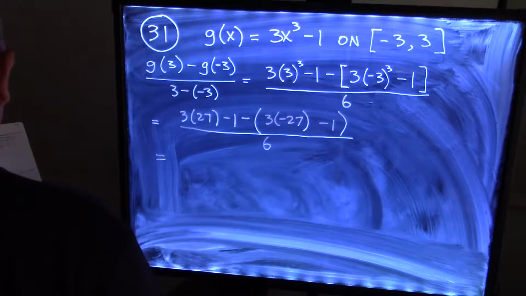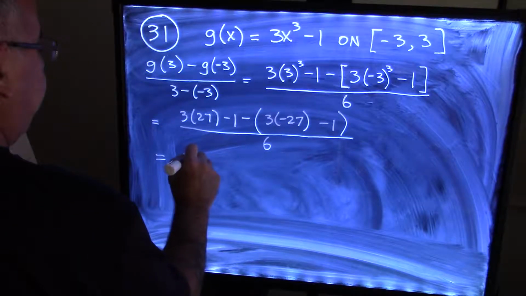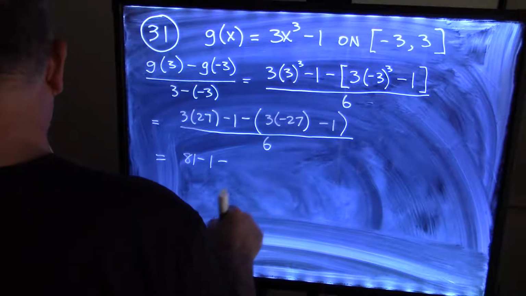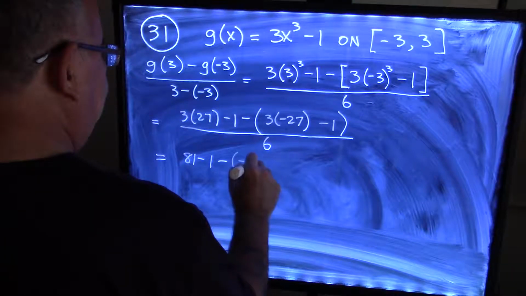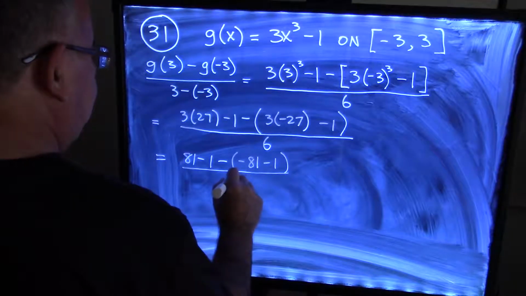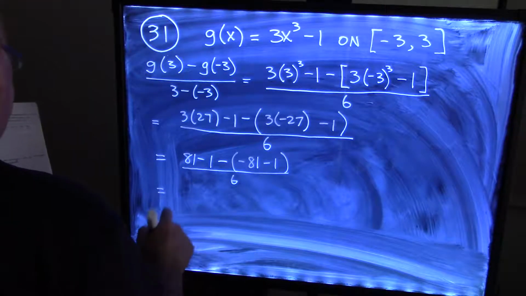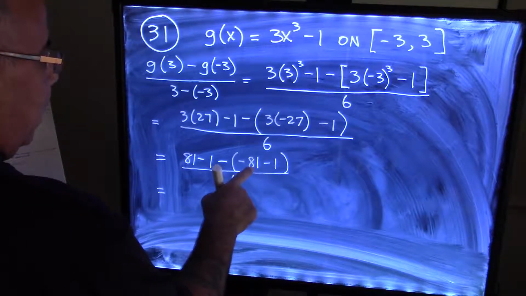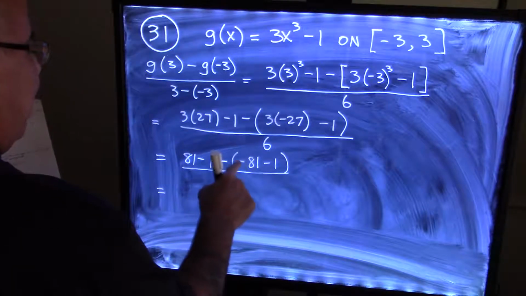Okay, 3 times 27 is 81. And then this is negative 81 minus 1 inside the parentheses. Negative 81 minus 1 over 6. And so we've got 81 minus 1 is 80, and minus, this is negative 82, so minus a minus is plus.